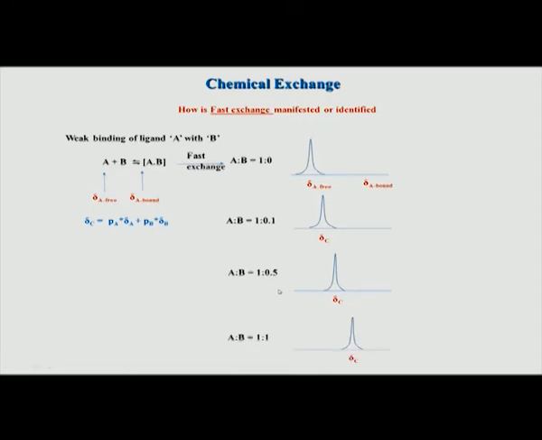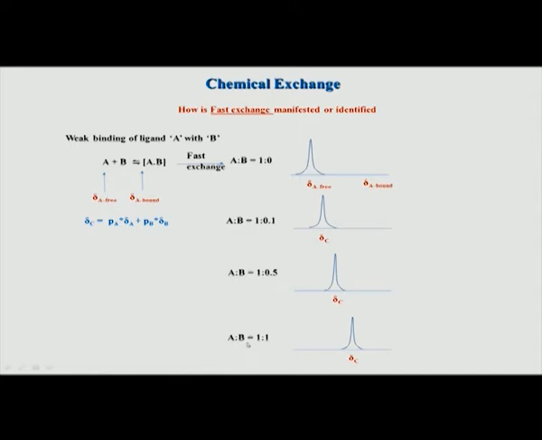So, suppose I add some more amount of B, I make it almost 1:1, but because this is not a strong complex, a lot of free A will be there, but more of AB will be there because the population of B is very high. So, the bound one is almost equal to the free one. So, the chemical shift is more or less close to the center or a little bit towards the bound form.